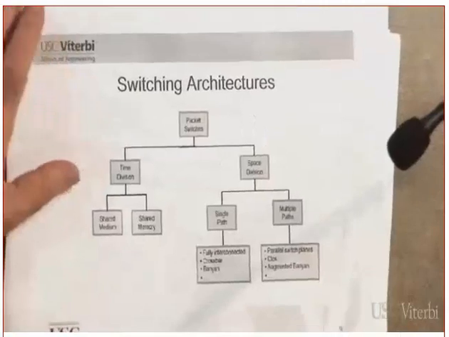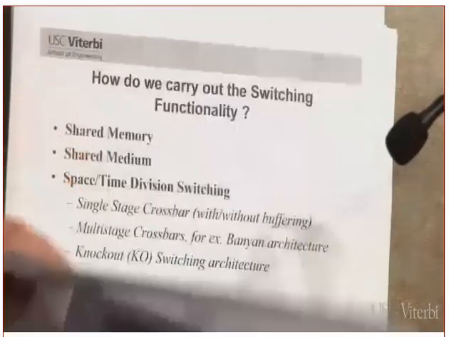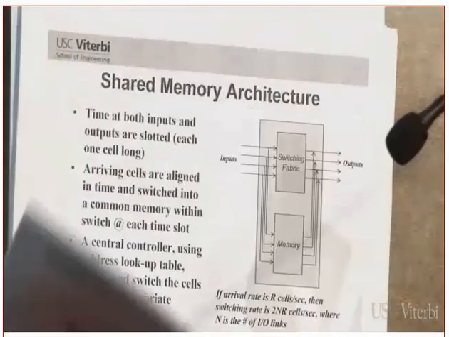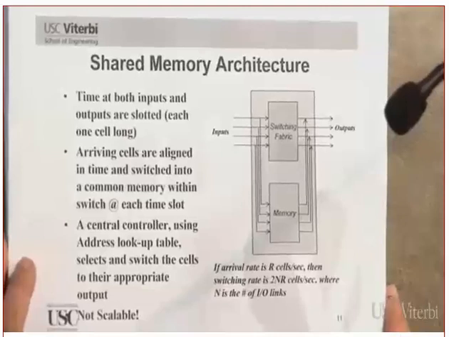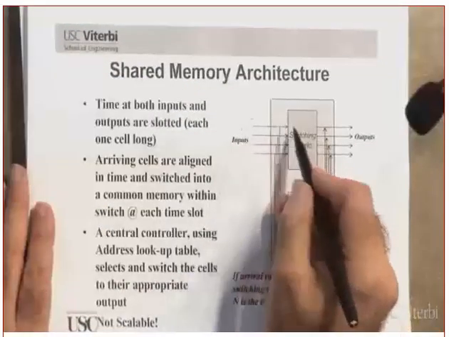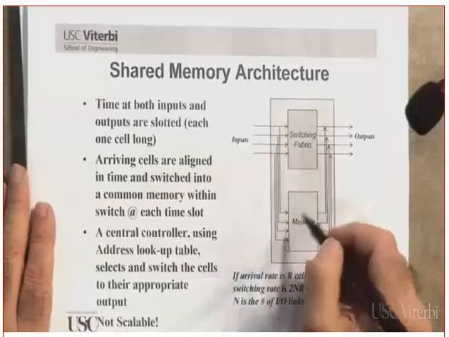Time switches switch in time, whereas space switches switch in space. Space switches do not switch in time slots. We looked at two different types of architectures: shared memory, and the other one called shared media. The data in every time slot will be read into the shared memory, and then read from the memory to an outgoing time slot.